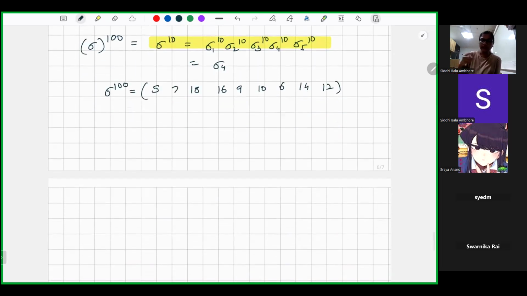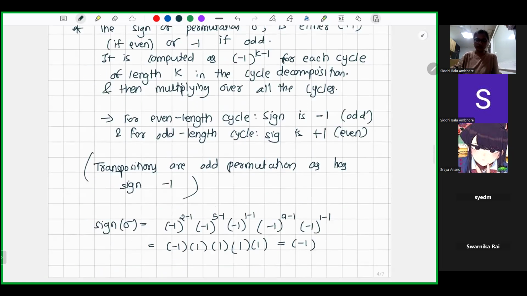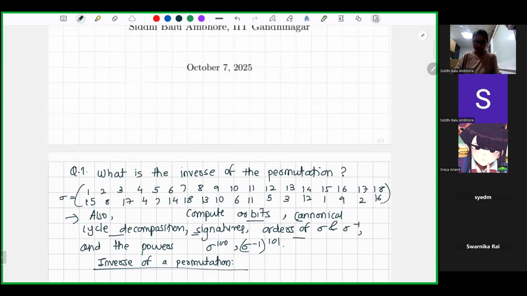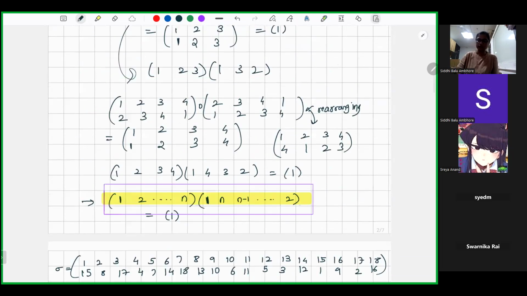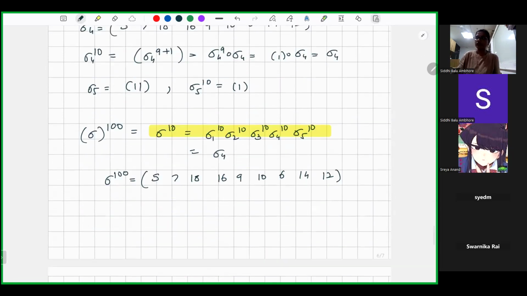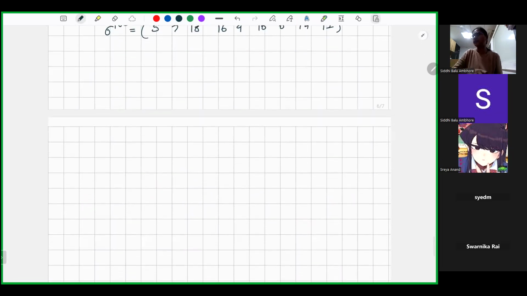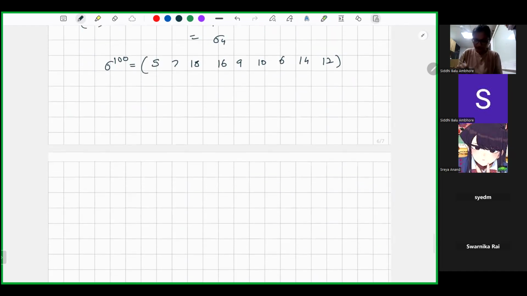And similarly, I think they asked to calculate sigma inverse power 101. Yeah, this is for sigma inverse. Okay, we are taking too much time, but we can't help it. So for sigma inverse power, you have to do the similar thing.